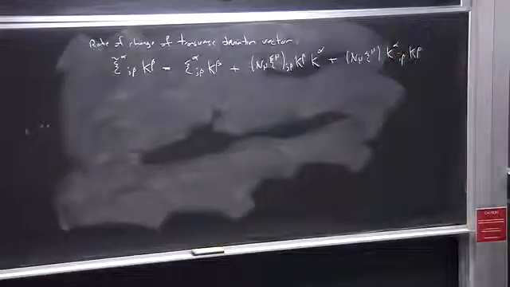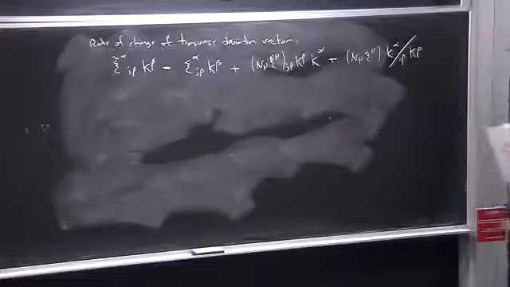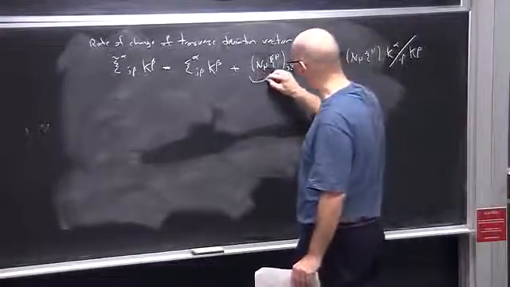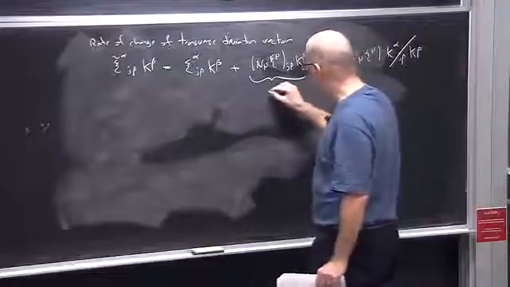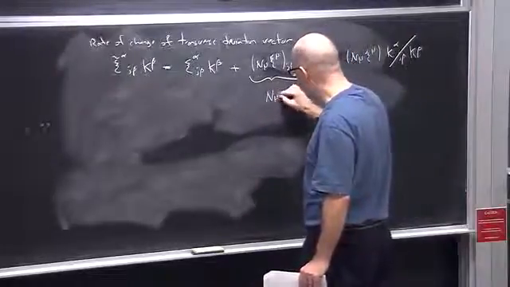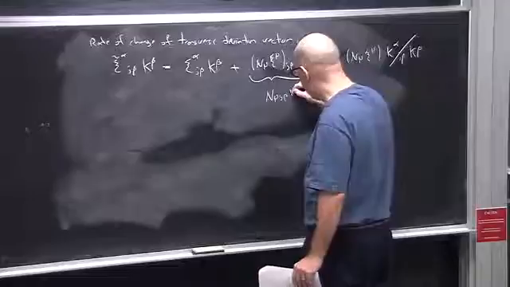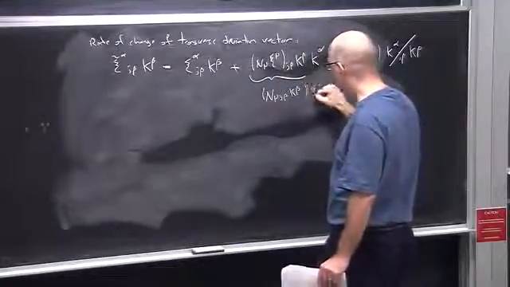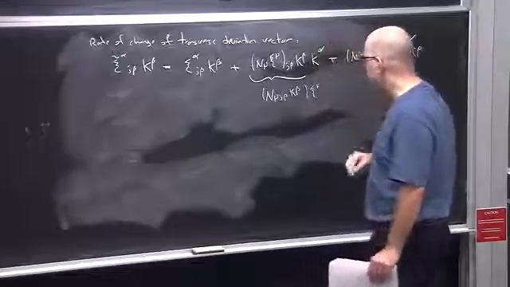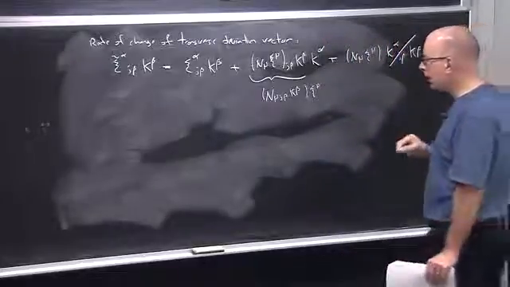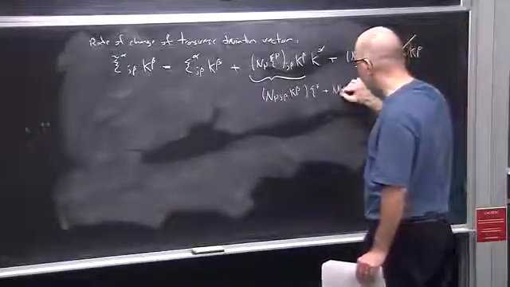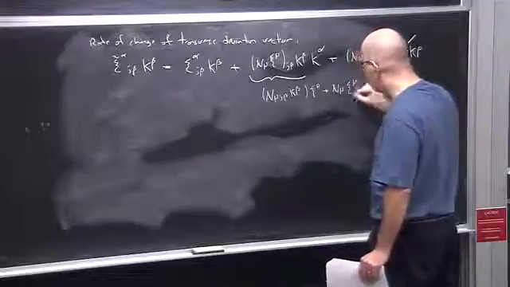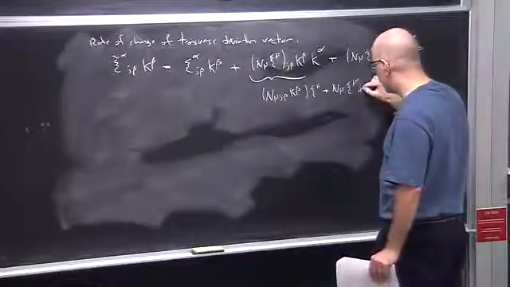So the last term is 0, because this satisfies the geodesic equation, as we have to work out. This is going to be given by the derivative of the n vector in the direction of k, and this multiplies xi mu, and this multiplies the k alpha that's left over. And then we have the derivative of the xi vector in the direction of k.